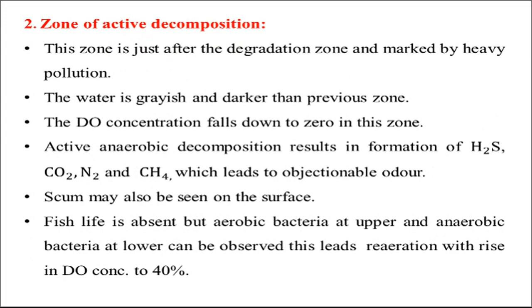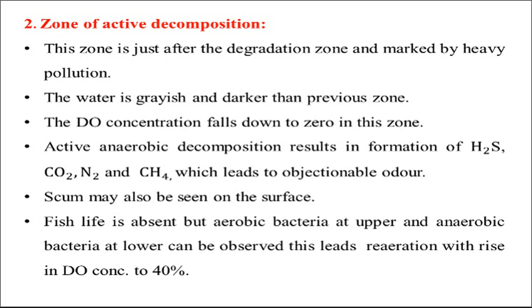Then the second zone is the zone of active decomposition. This zone is just after the degradation zone and is marked by heavy pollution. Means in this zone there is heavy pollution of stream water. The water looks grayish and darker in color.